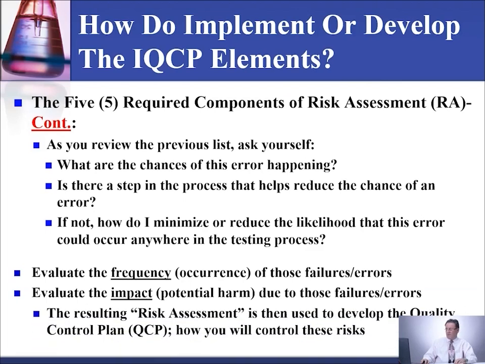The resulting risk assessment is then used to develop the quality control plan, which will explain how you will control these risks. So after you do your risk assessment using these 5 mandatory elements I talked about, then you move on to develop your quality control plan, QCP.